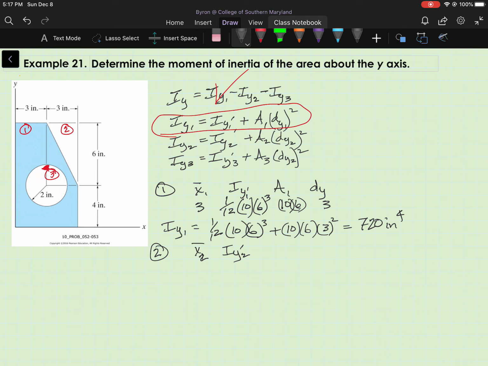I should have had 1s up here. This is going to be the area of area 2, the area of the triangle, and then d sub y2. Let me write that a little better. It's d sub y, not dy sub 2.